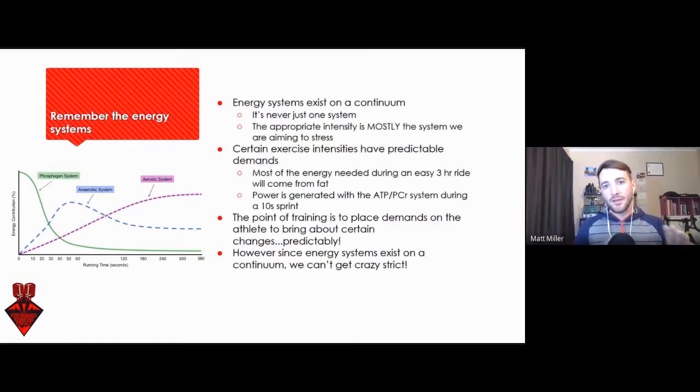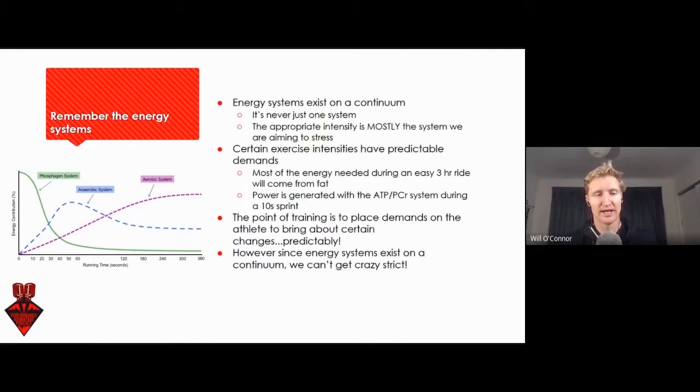We're not getting much of a contribution from the PCR system unless we're sprinting within that 5 hours. But since that energy system only lasts about 10 seconds, there's not going to be a huge contribution within that 5-hour ride, even if we do 10 10-second sprints. That's because that energy system takes a really long time to recover. So when we're prescribing training and we say zone 2, zone 1, zone 5, we know where the demands are coming from. And we'll get into that as we go through this module.